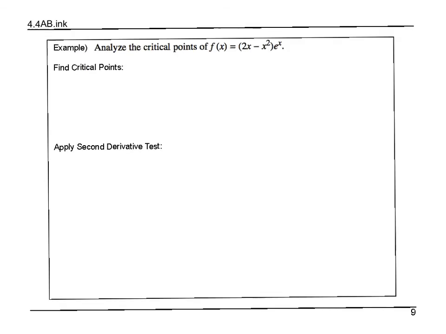Okay, so let's try this. Analyze the critical points of f of x equals 2x minus x squared quantity times e to the x. So first find the critical points. So we need our first derivative. So product rule here, we would have 2 minus 2x times e to the x.